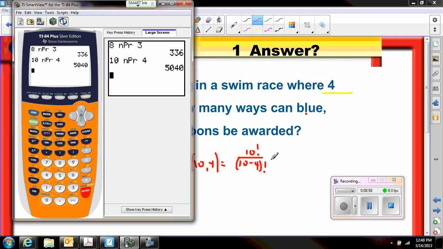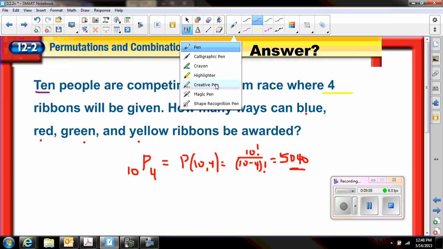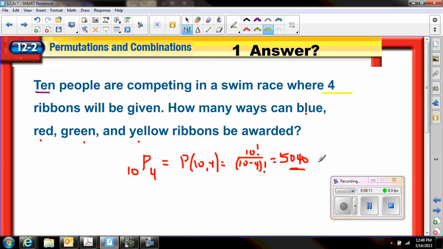Looks like the answer is 5,040. So, 10 people in a swimming race, there are 5,040 different ways that they can finish first, second, third, and fourth.